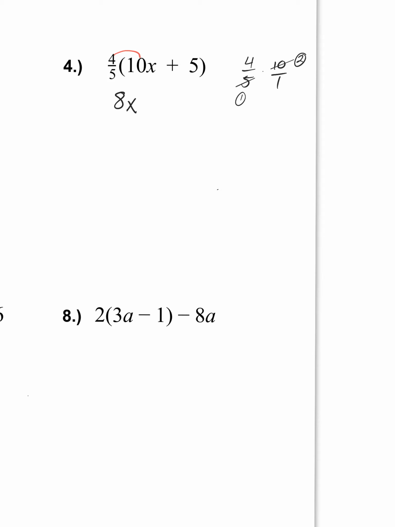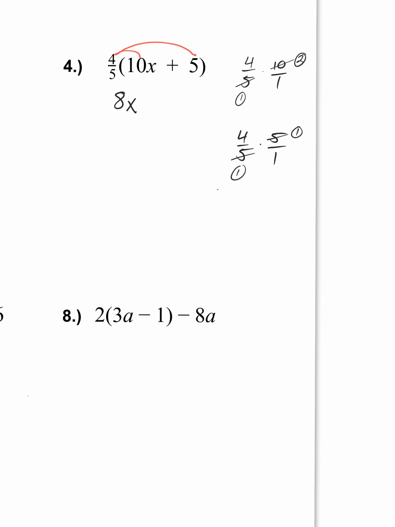Then we're going to multiply 4/5 times 5. So let's do the same thing. Let's show our work over here. 4/5 times 5 is 5/1. So if we do a little simplifying here, those can both be divided by 5, making them ones.